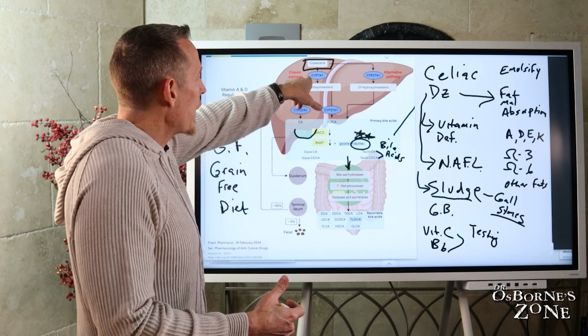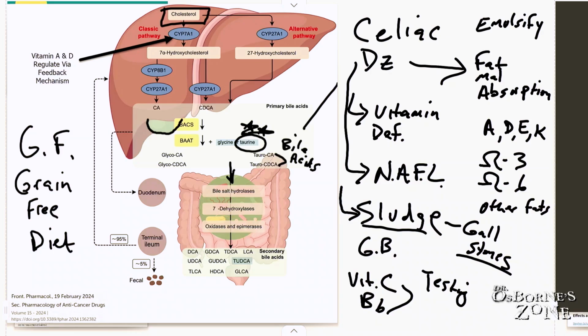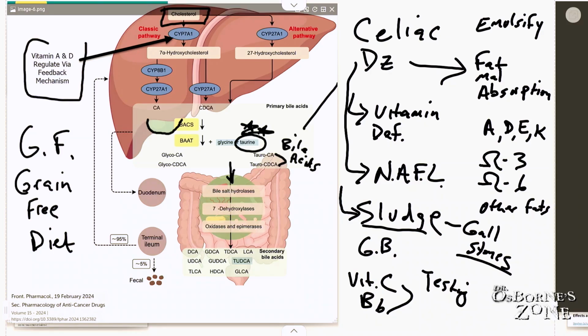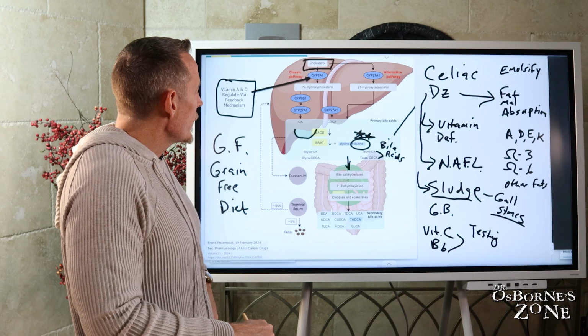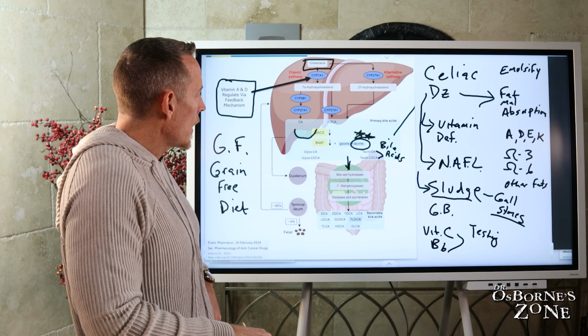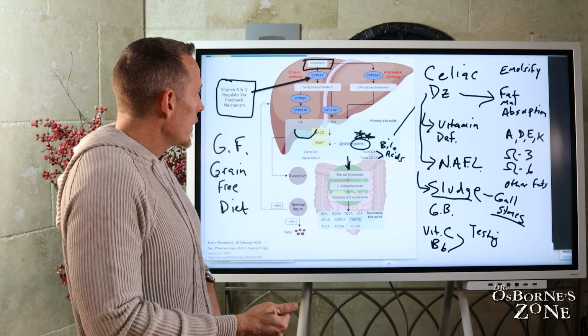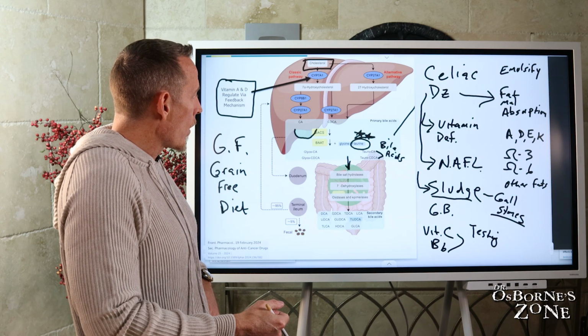Now this pathway right here, you'll notice I've got this arrow coming in. Vitamin A and vitamin D regulate the functionality of that enzyme in the conversion of cholesterol into bile, through a feedback mechanism. So vitamin A and vitamin D deficiency can actually increase the messaging that your liver needs to make more bile acids.